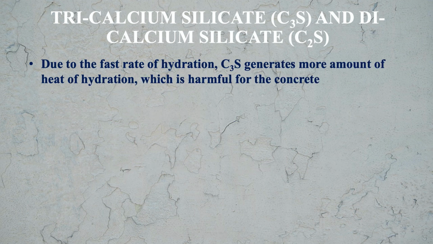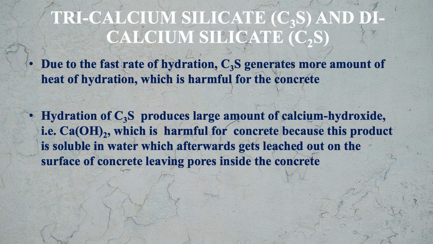Due to the fast rate of hydration, C3S generates more heat of hydration, which is harmful for the concrete. Means if you compare the heat of hydration during the hydration process of C3S and C2S, C3S generates more heat. Hydration of C3S produces a large amount of calcium hydroxide, that is Ca(OH)2, which is harmful for concrete because this product is soluble in water, which afterward gets leached out of the surface of concrete, leaving pores inside the concrete.